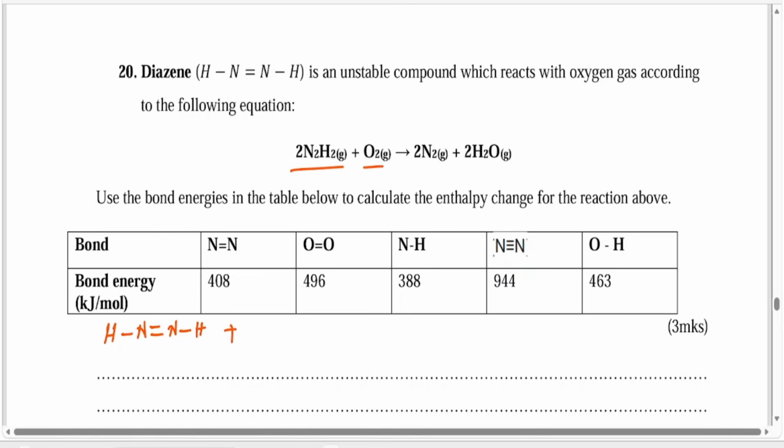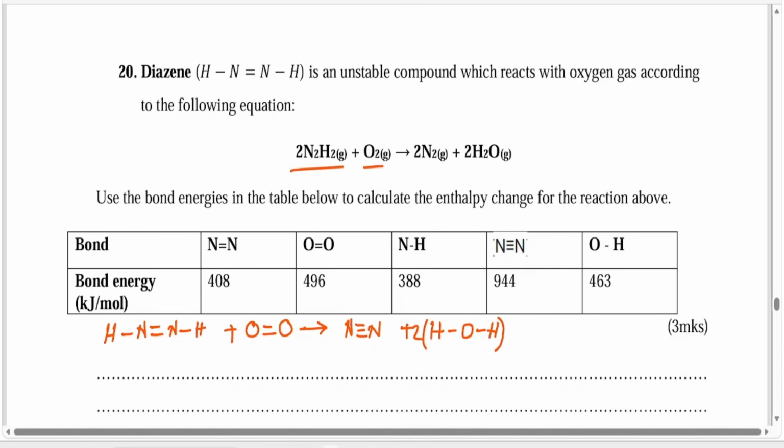For oxygen, we have 2 oxygen atoms, and we obtain nitrogen. Nitrogen has a triple bond, and we obtain water. In this case, water, we open it this way, and we balance the equation.